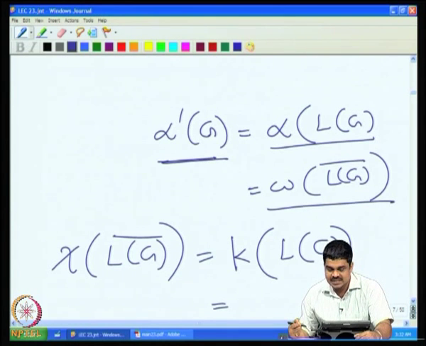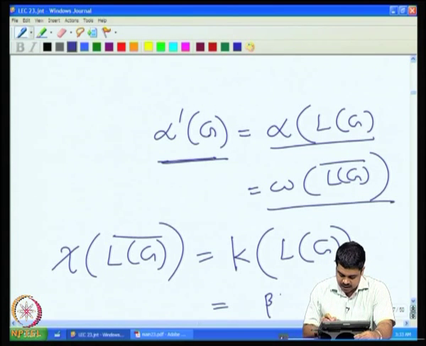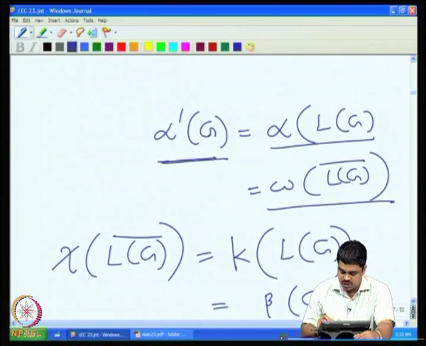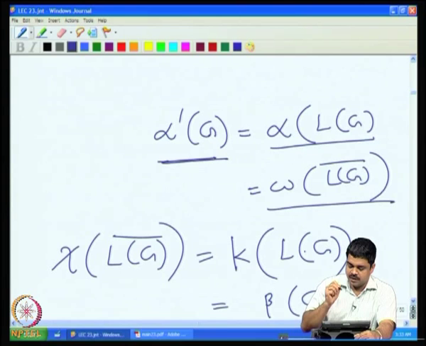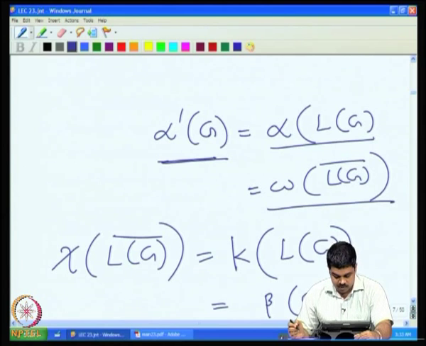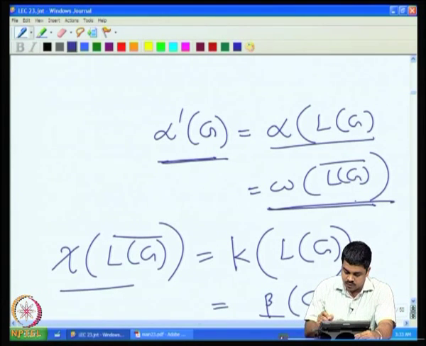So, essentially we are seeking a collection of vertices from the original graph such that every edge is incident on one of them, right. That is something we are very familiar with, the vertex cover, which we used to call beta of G. Minimum vertex cover is what we are seeking. So, the minimum vertex cover of the original bipartite graph will be the clique cover number of its line graph, and that will be the chromatic number of the complement of it. So, this one is going to be beta of G, and this omega is going to be alpha dash of G.